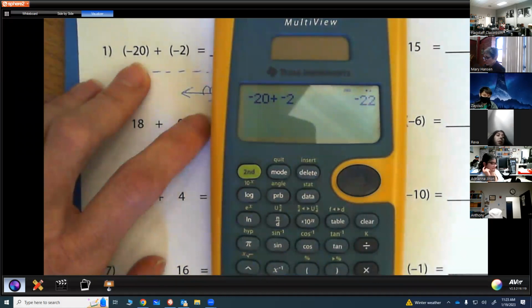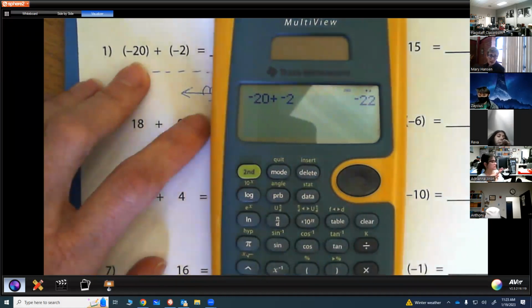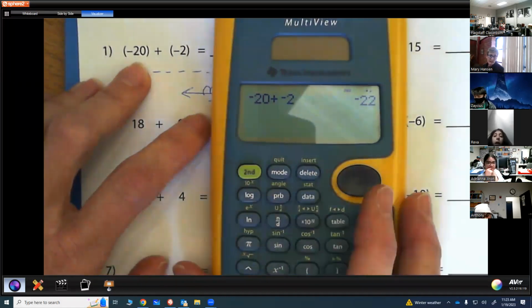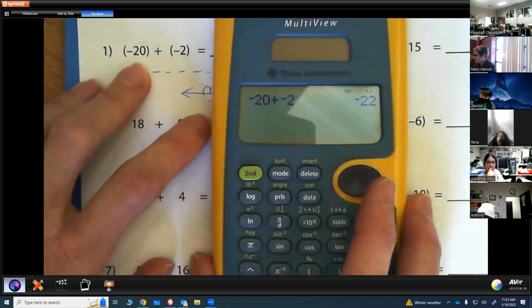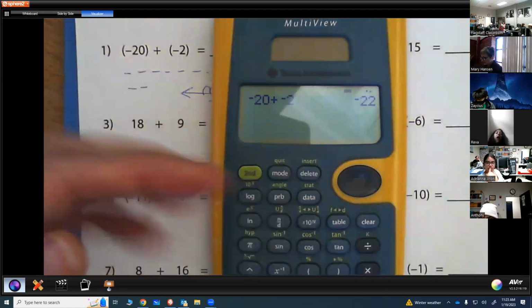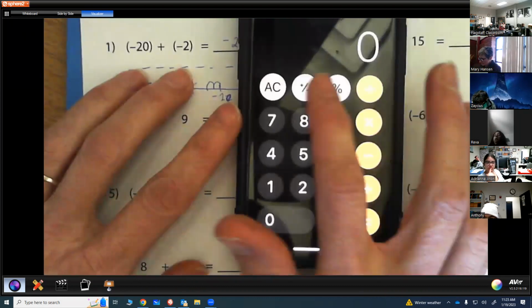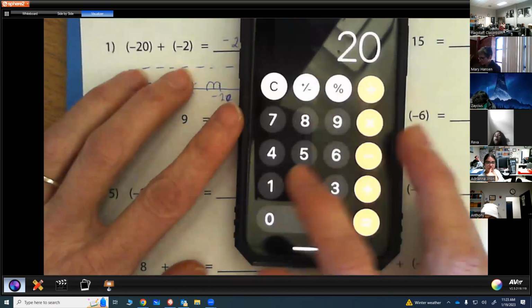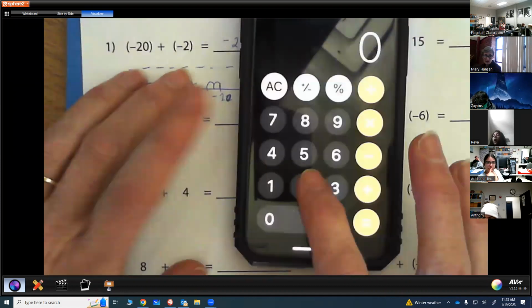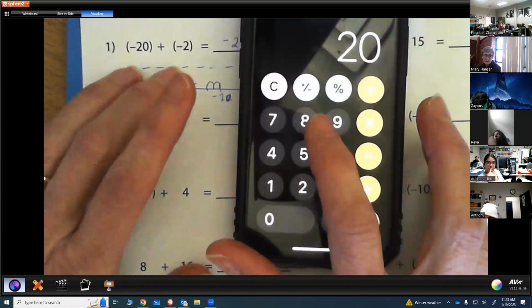So if you're working on work that you're not supposed to use a calculator on, you can always check your work using the calculator. If you have a phone, your phone has a calculator on it. I have an iPhone. Sometimes on some calculators, you have to put the negative in afterwards.